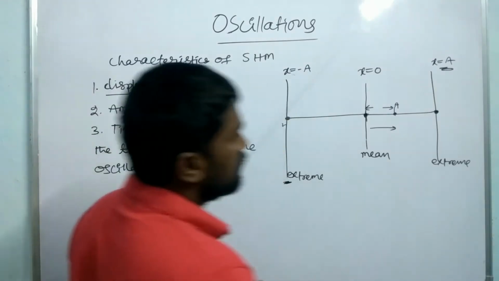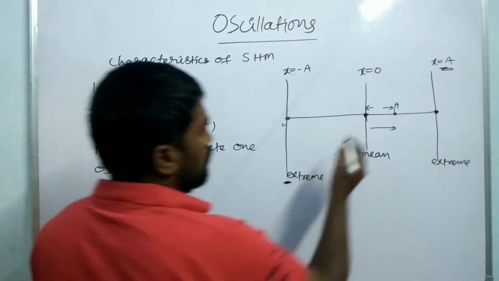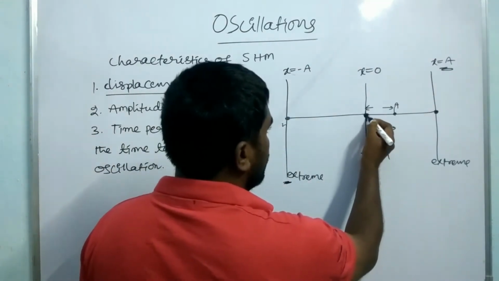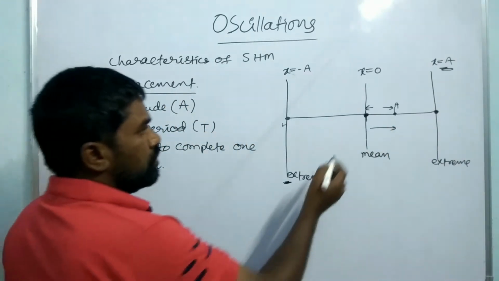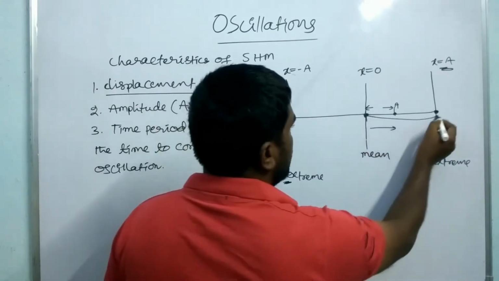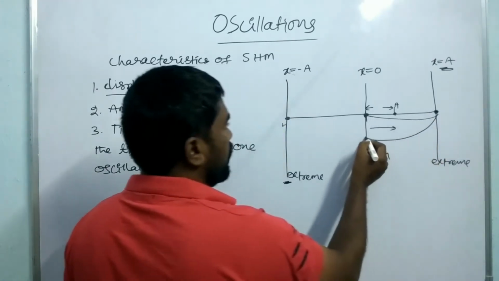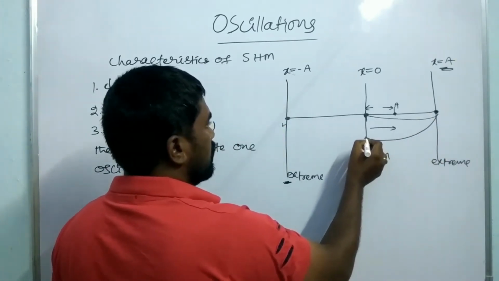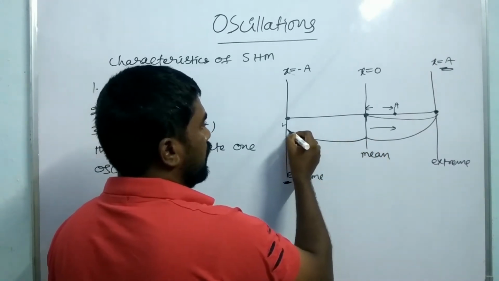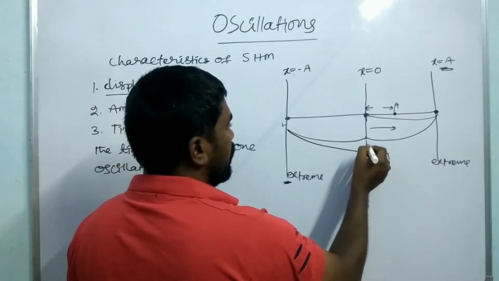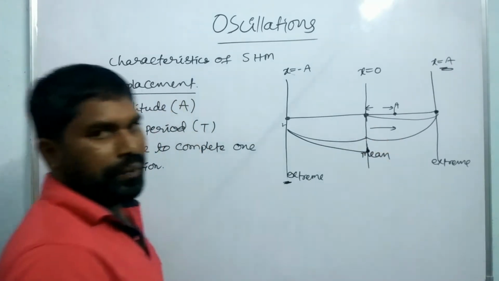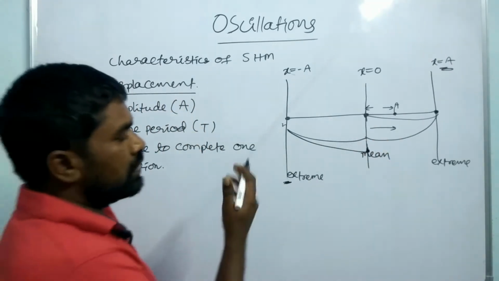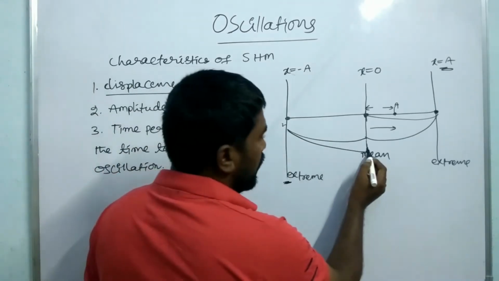So how can we find the time period of the pendulum or any particle in SHM? This is the point where it started. It reaches the extreme point, comes back, reaches the mean position, goes to the other extreme, and again reaches the same point.